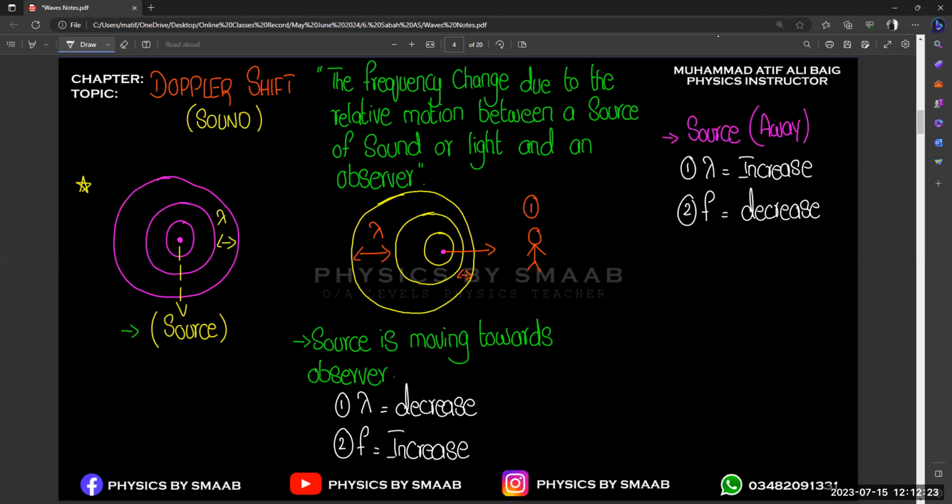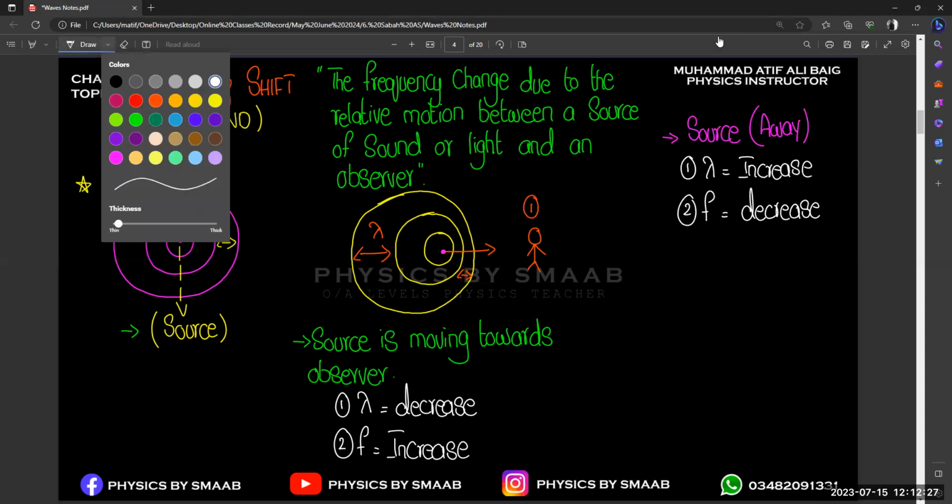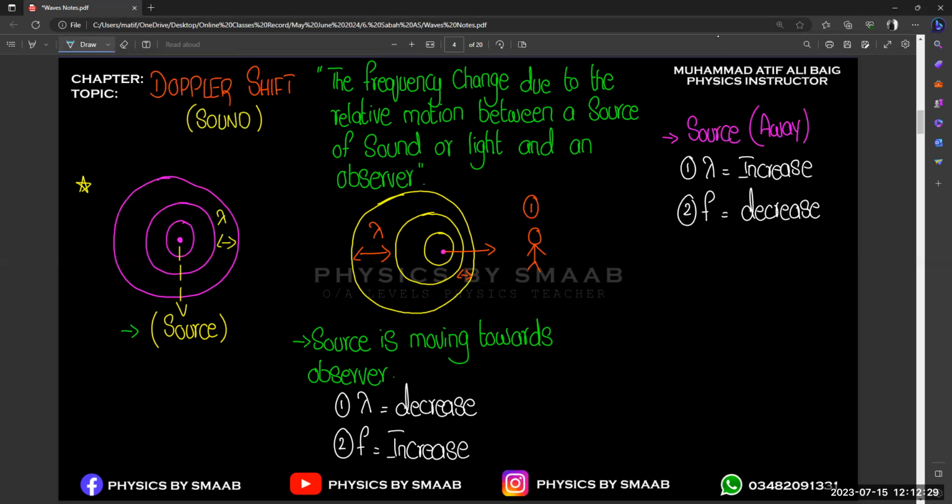And one more important thing is related to the formula. We just write the formula, and it relates to the factors of positive and negative sign. So this is the formula: f0 = fs × V over (V plus or minus Vs).